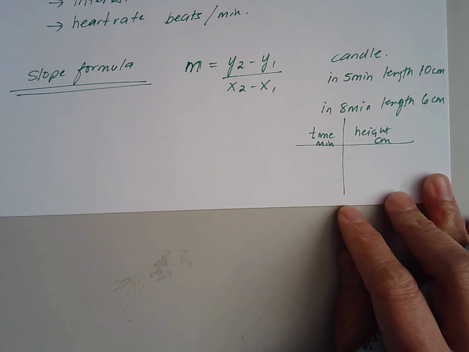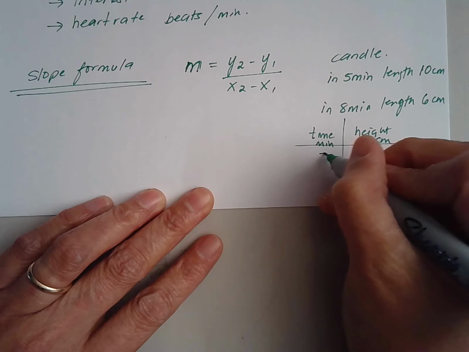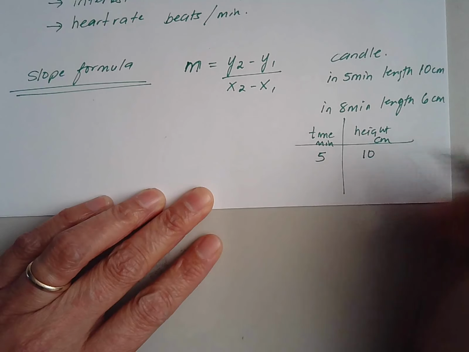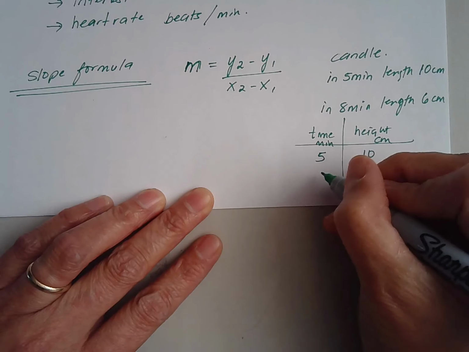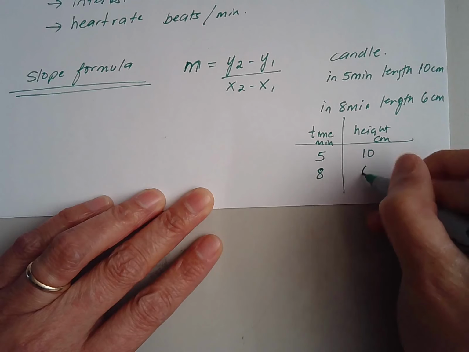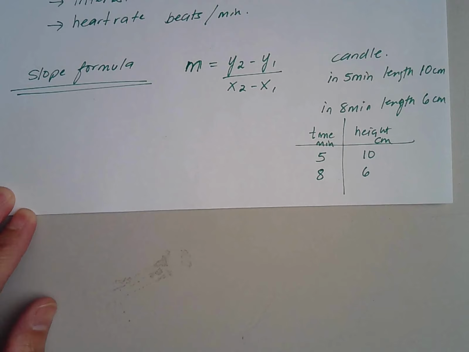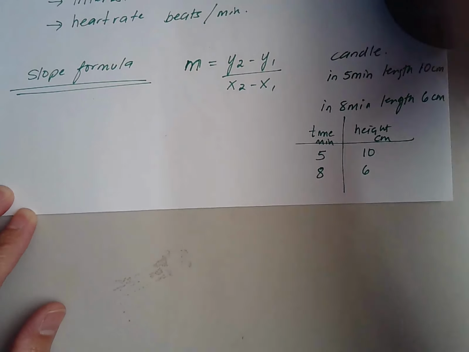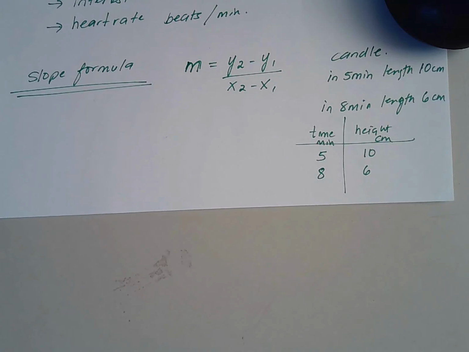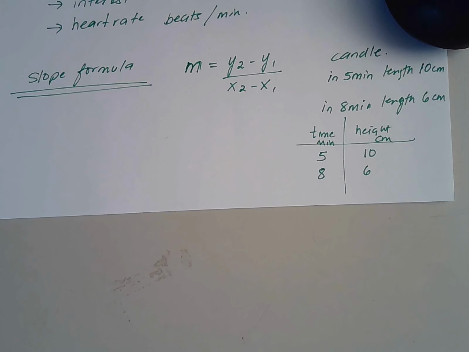So let's put that in. 5 minutes, 10 centimeters. 8 minutes, 6 centimeters. Let's see if we can figure out a rate of some sort, and then use that rate to make sense of what we're trying to figure out here. I know exactly where we're heading, but I want you to know where we're heading.